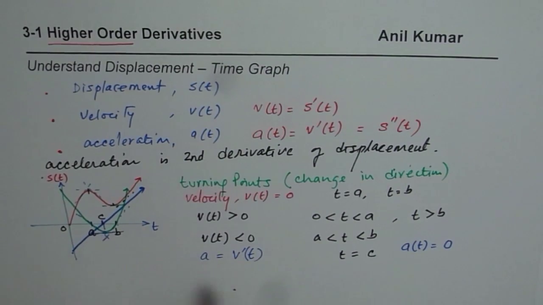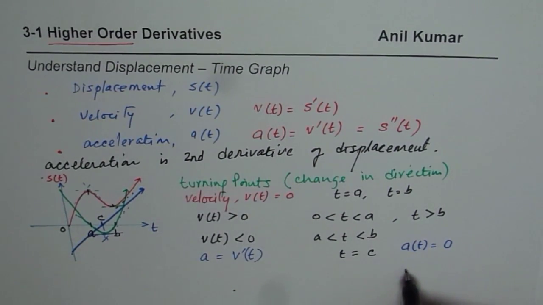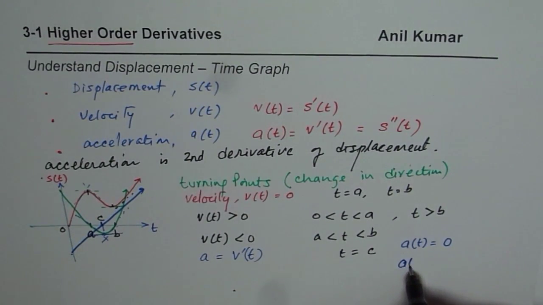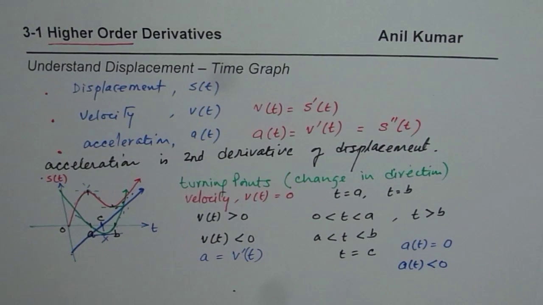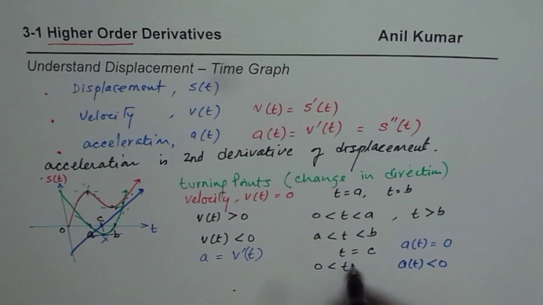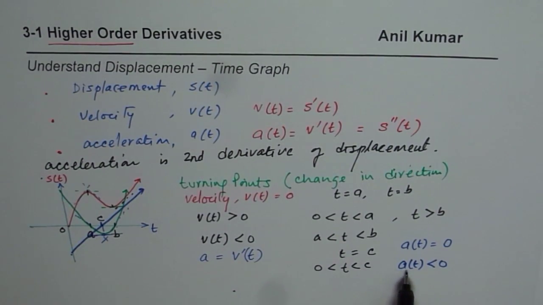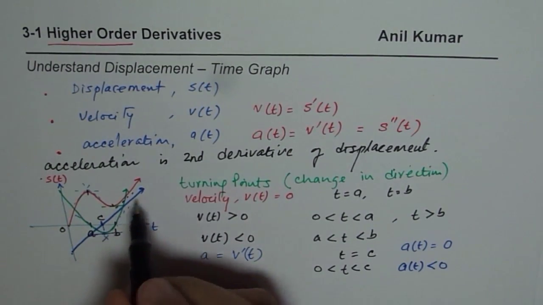So what you observe here is that the acceleration a of t is less than 0 when t is greater than 0 and less than c. In that case acceleration is negative. However, acceleration is positive after c, right?